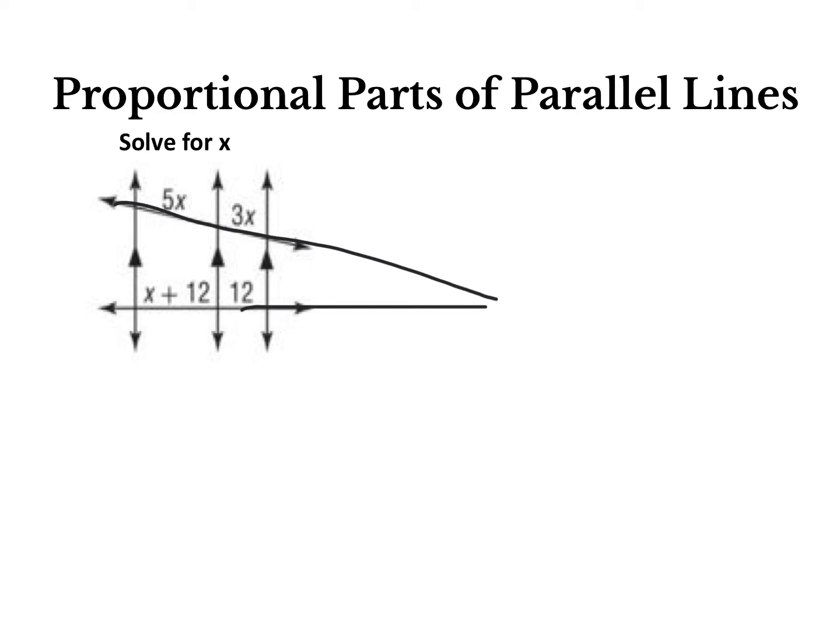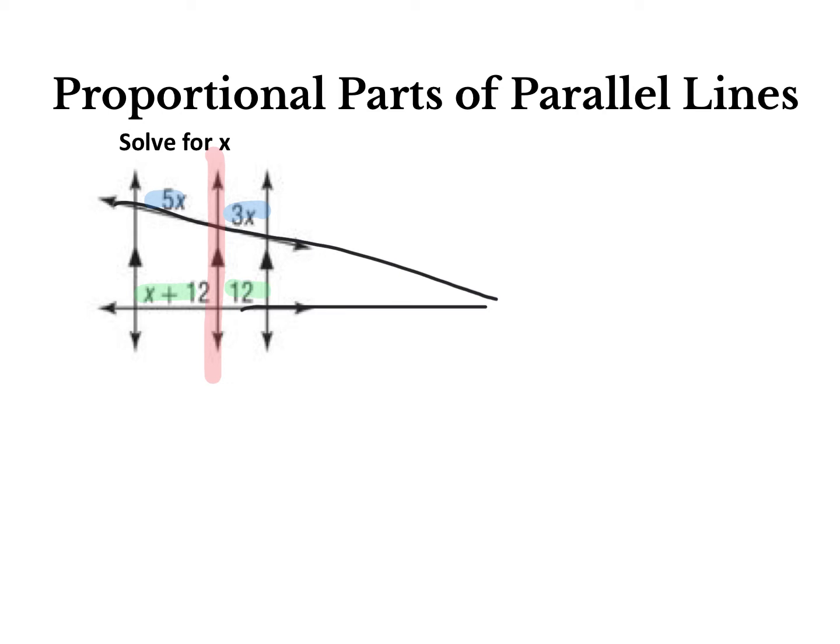So what it means is I'm going to draw a line here in the middle that separates it. The numbers on the left of that line will be proportional to the numbers on the right of that line. So I can say the ratio of this to this will equal the ratio of this to this.